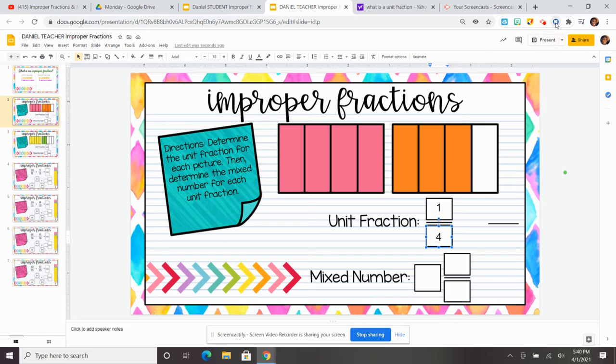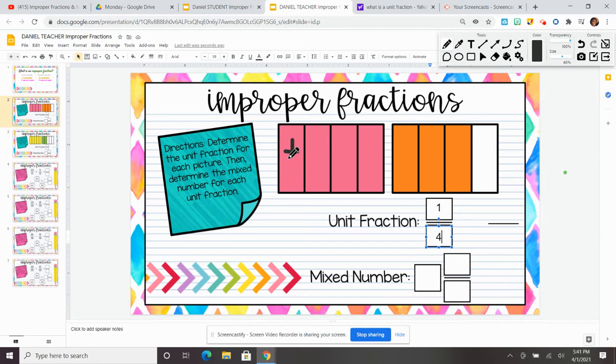And I'm going to do this on the screen with web paint. Okay, so I'm going to label this as 1/4 here, 1/4 here, 1/4 here, and 1/4 here.